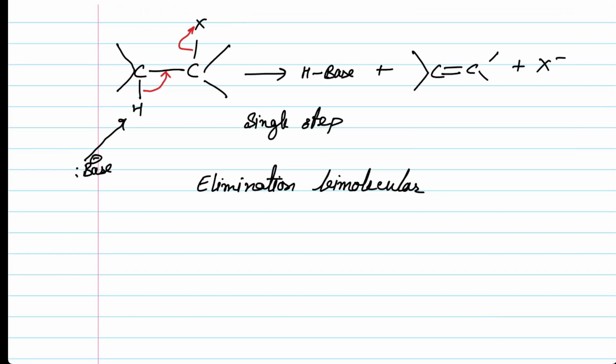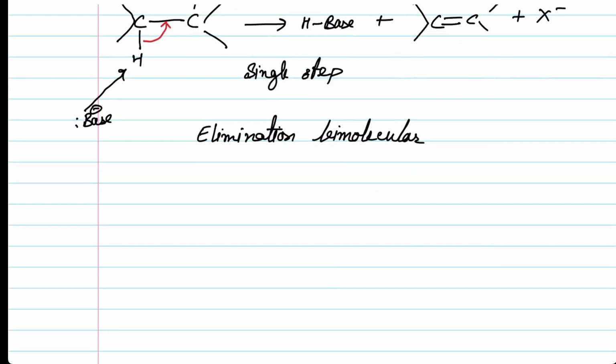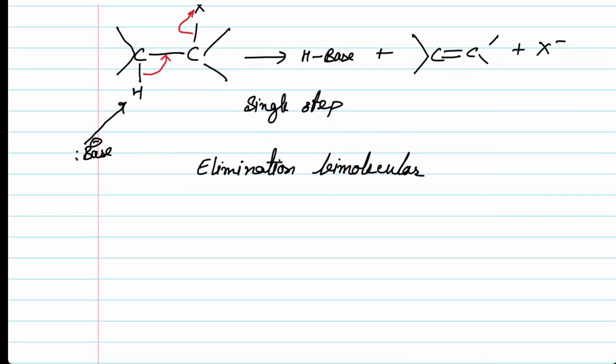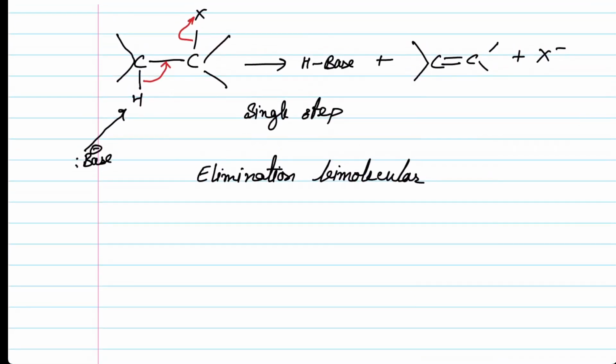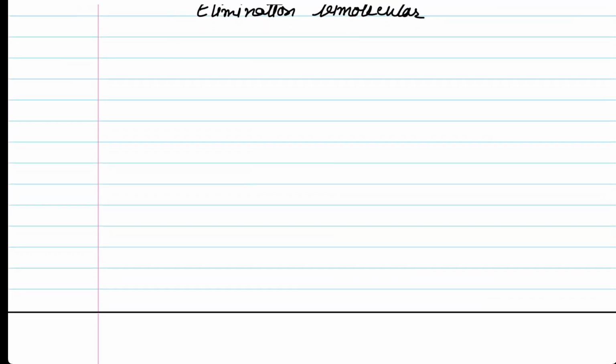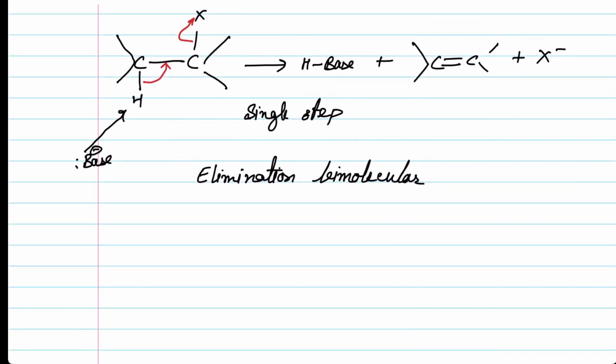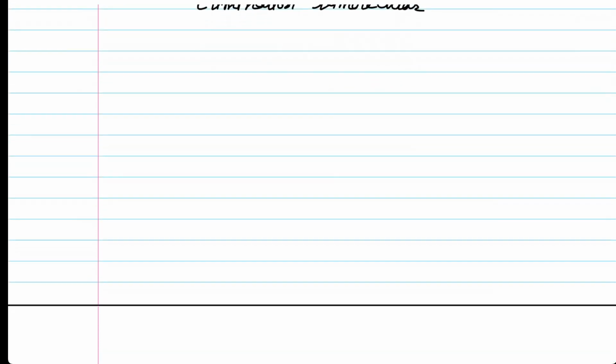It is a single step reaction and it gives us the product. So that's what we have as the mechanism of the elimination bimolecular reaction. Now let's talk about the other reaction, the substitution.